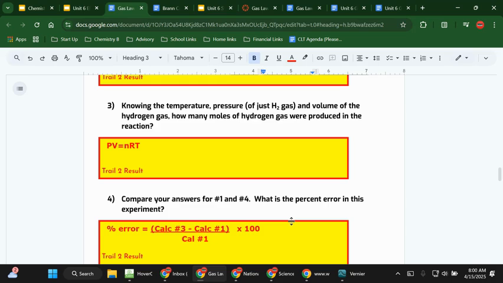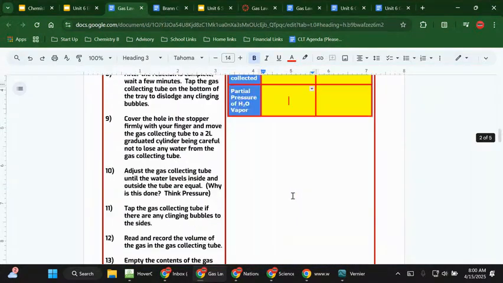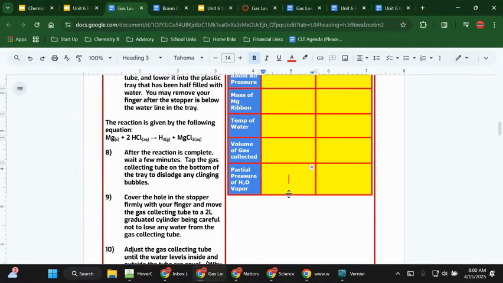Here's the thing about this, ladies and gentlemen. This is your reaction right here. This is a balanced chemical reaction. This is a preview of Unit 7, by the way. For every 1 mole of magnesium that you use, you will create 1 mole of hydrogen gas. 1 mole of magnesium will produce 1 mole of hydrogen gas.